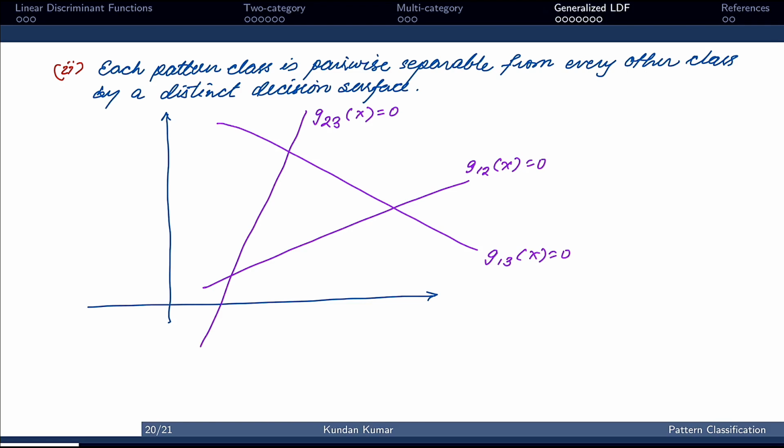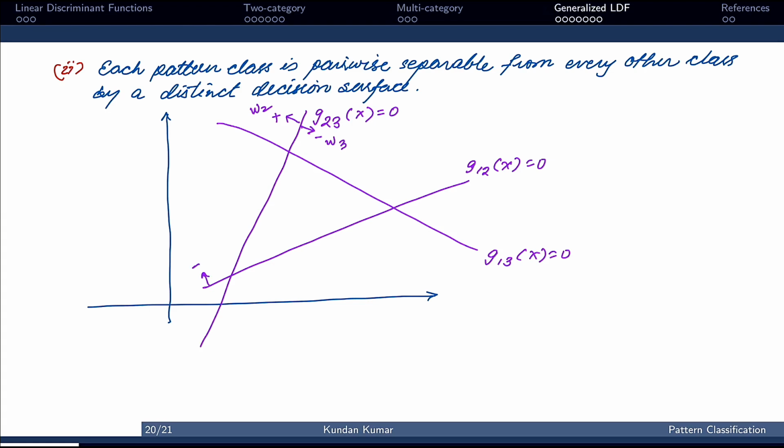Here we have three decision surfaces, and for each we can check which side is omega 2 and which side is omega 3, that is, which is the positive side and which is the negative side. If we assume this is the positive side of the decision boundary and this is the negative side, then definitely this side will be omega 2 and this side will be omega 3. Similarly, we can consider the other decision surfaces as well.